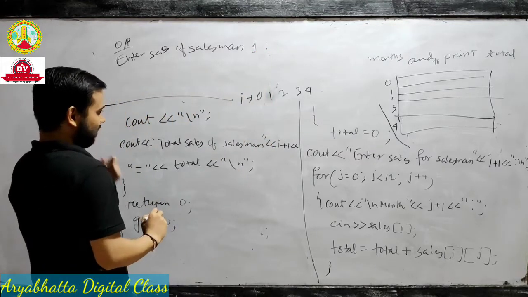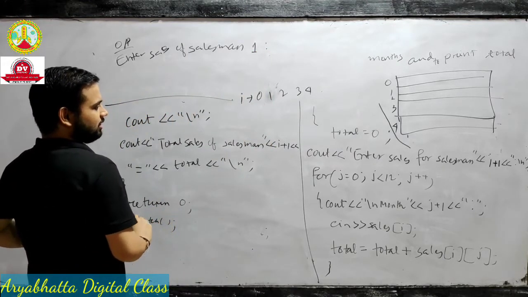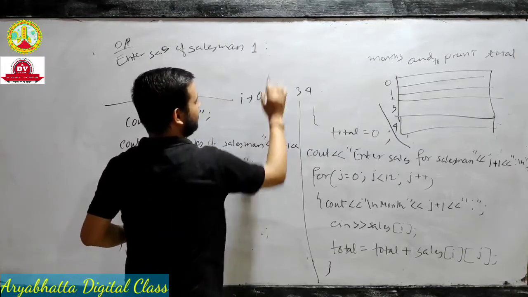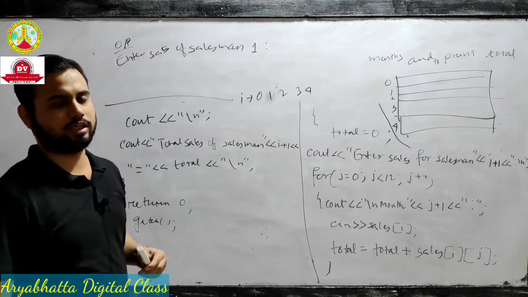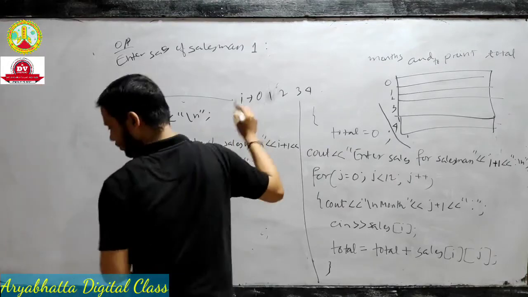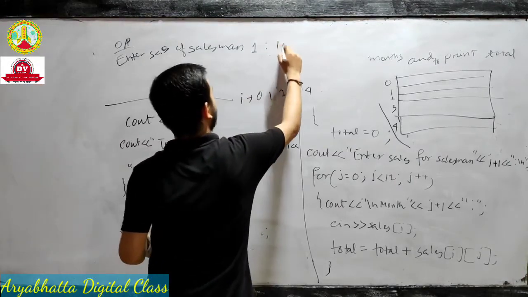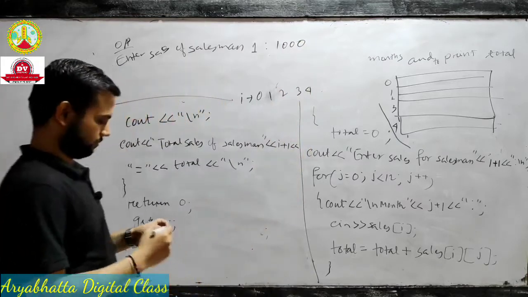Enter sales means you have to put the total number of sales of salesman 1 for 1 year, suppose 1000.